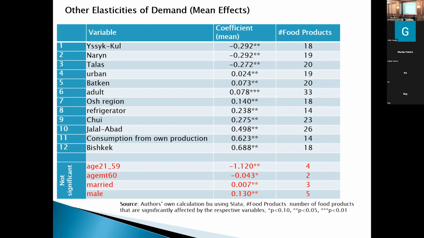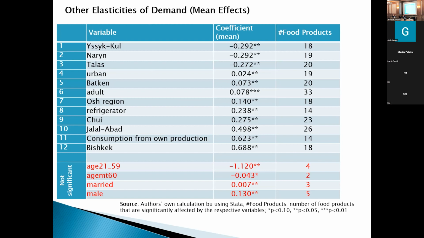The consumption in Jalalabat, Bishkek and Batken is higher. We can say this is because of the remittances. The major part of the remittances, 90%, goes to Osh, Bishkek, and then the Batken region.